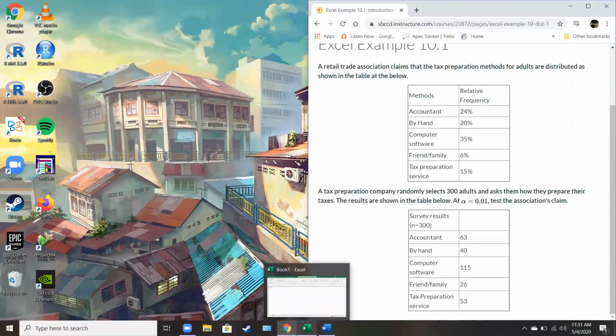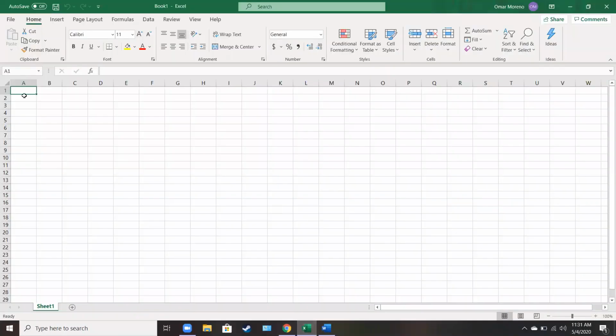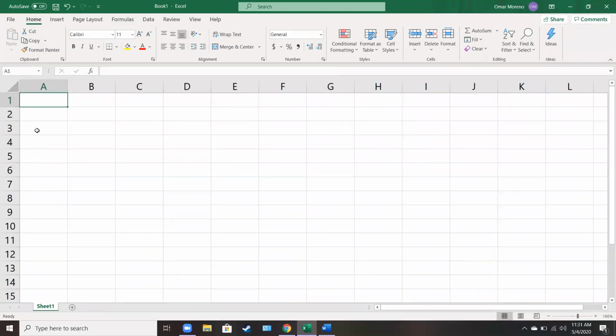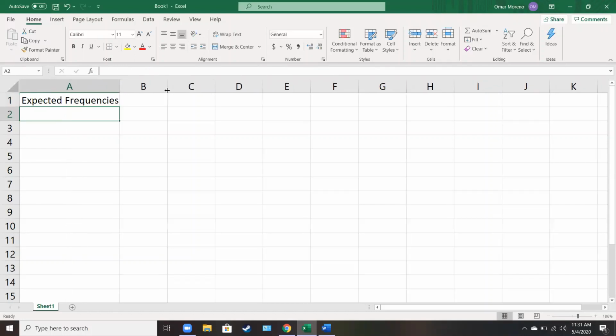So to do this, Excel is your best friend for this stuff, right? What do we have? We got to find our expected frequencies. And we're also going to find our observed frequencies.